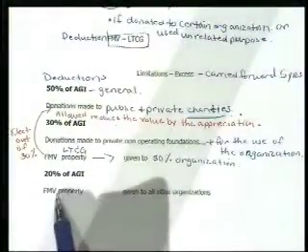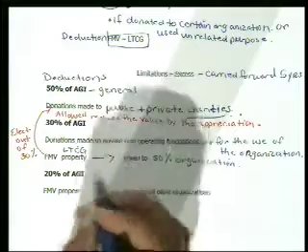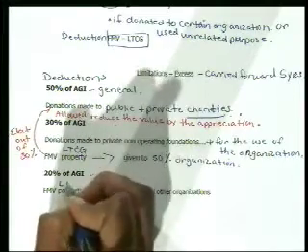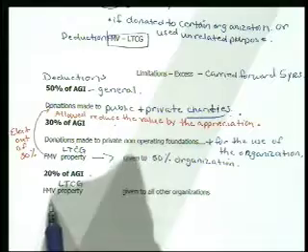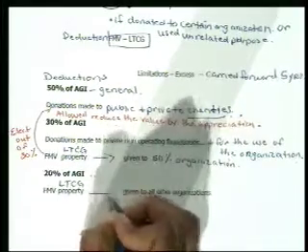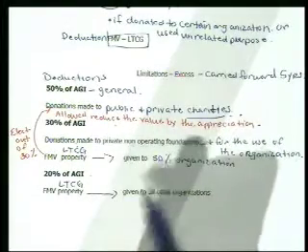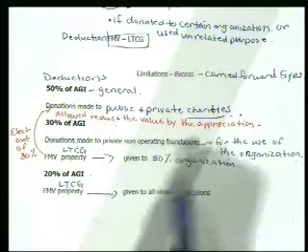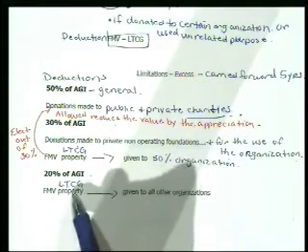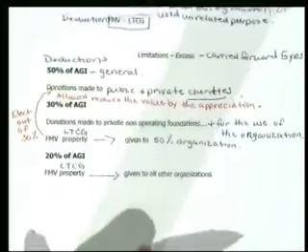Now our last one, 20%: long-term capital gain property donated to other than a 50% organization is subject to a 20% adjusted gross income limitation. So if I have long-term capital gain property that's given to not a 50% organization, but any other organization, it is going to be limited to 20% of the AGI.